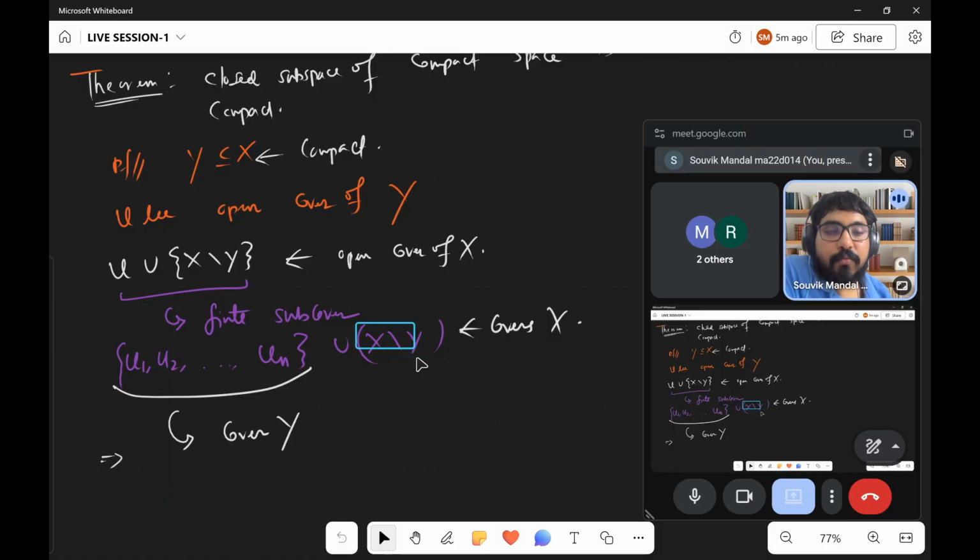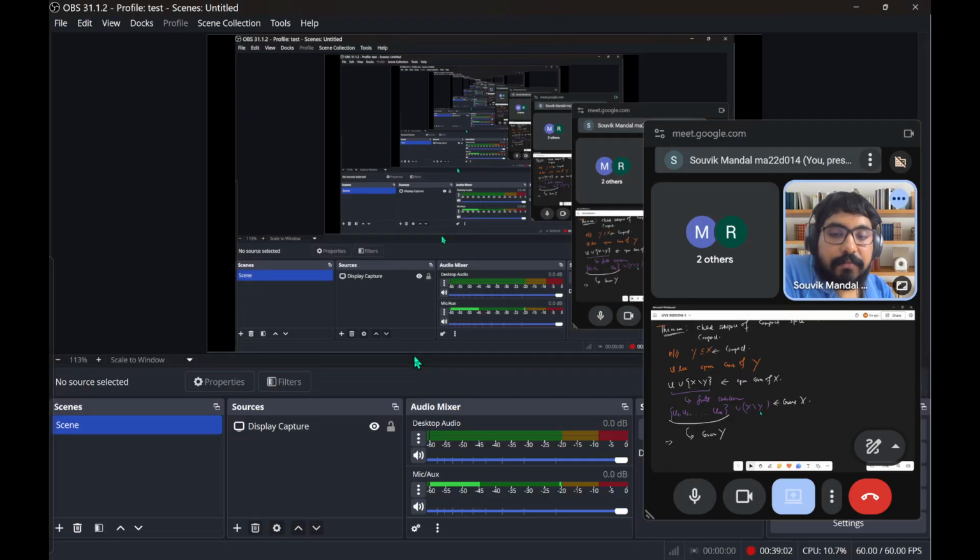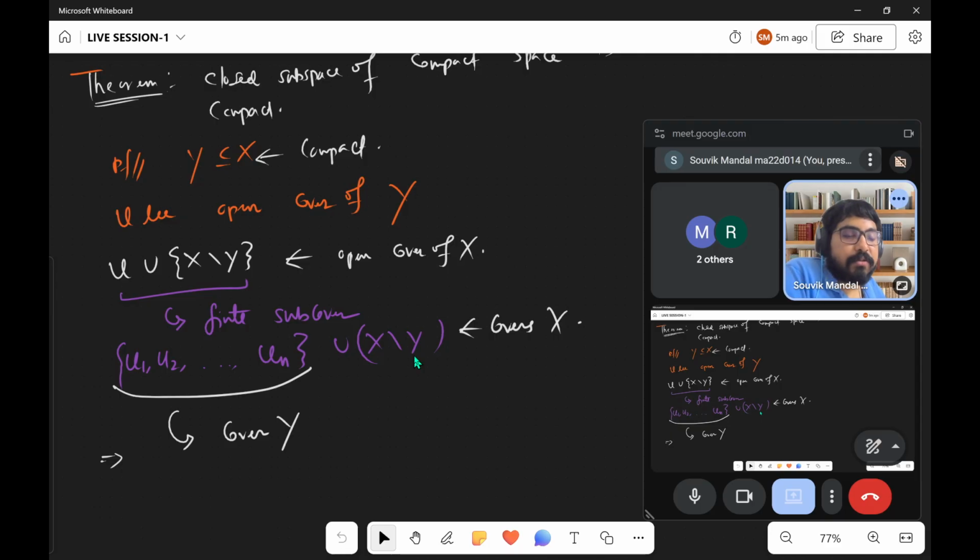That the open cover U has a finite subcover, namely U1, U2, ..., Un, correct? So this is the argument. Is this argument clear to the students?